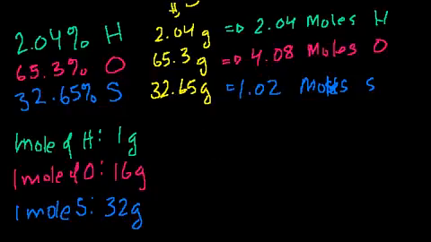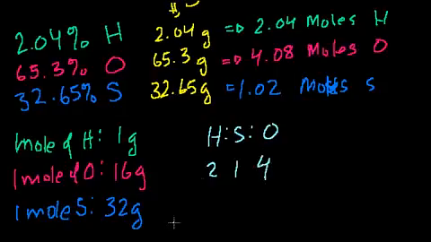So for every 1 sulfur, we have 2 hydrogens and 4 oxygens. So the empirical formula of this is H2SO4, and this is sulfuric acid, one of the things you would least like poured on you most of the time.